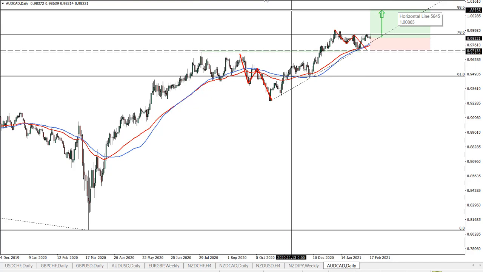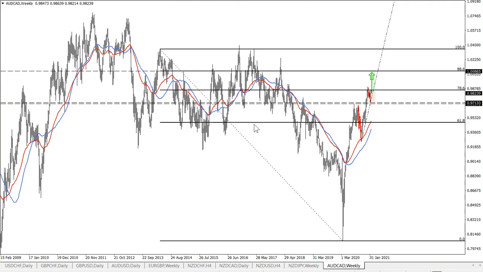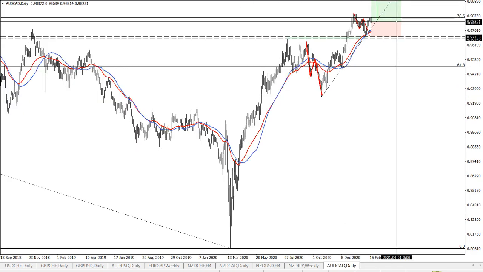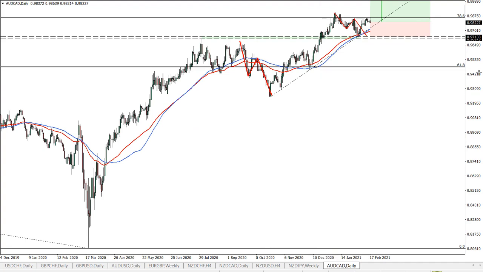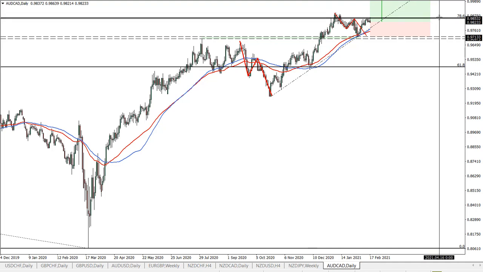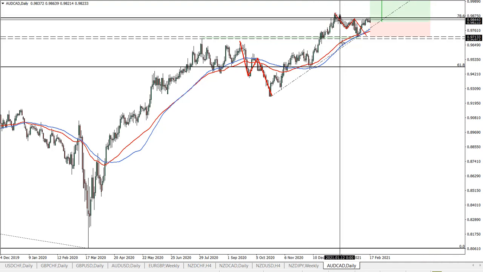Now, speaking of resistance, if we go to the weekly time frame, we have these fibs applied to this move to the downside. So this was the last strong wave to the downside, and we have several important fib levels to watch. So back to the daily, and here we have the 61.8 fib, from which we had a bounce. Then we have the 78.6 fib, and there was a daily break and close above this level.